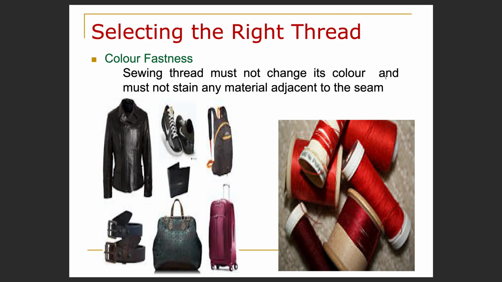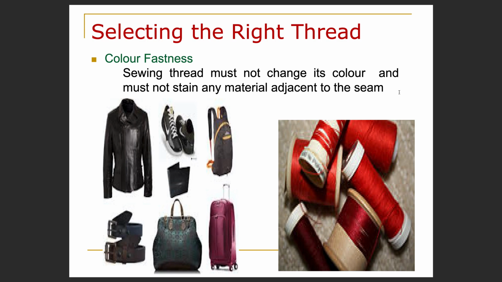Sewing thread must not change its color when the garment will be washed, when it will be subjected to drying. So sewing thread should not change its color. Change in color won't affect the durability or the strength of the seam, but of course it would affect the appearance. And such a garment where in the seam portion the sewing thread is faded will not give a very good appearance, and it should not stain any material adjacent to the seam.